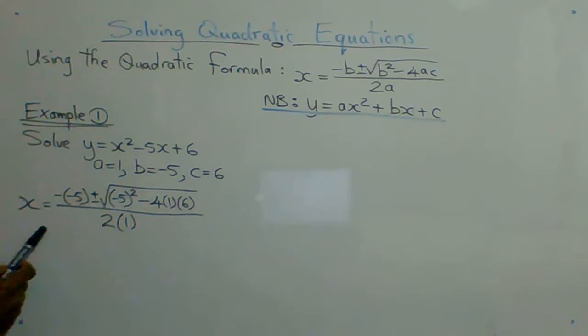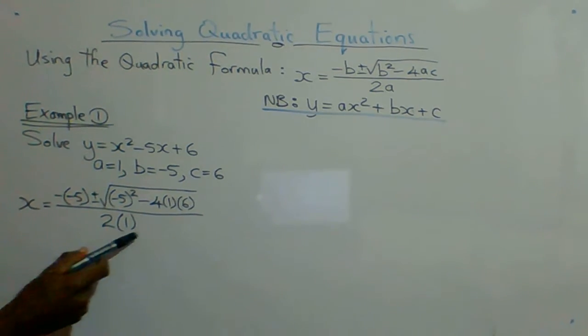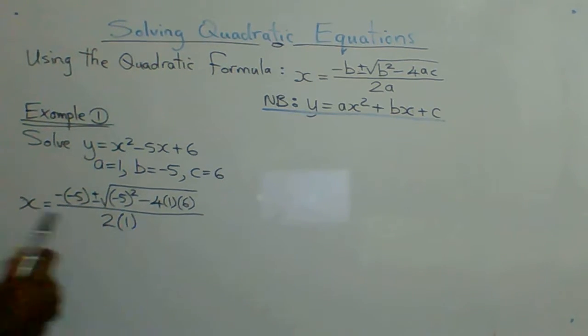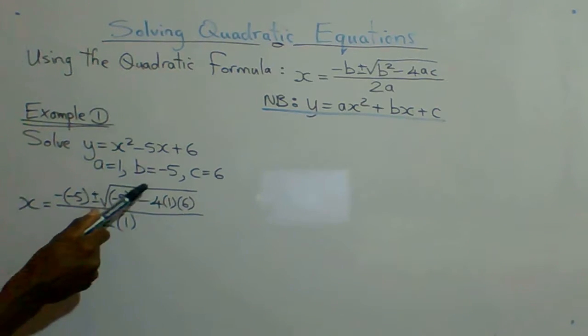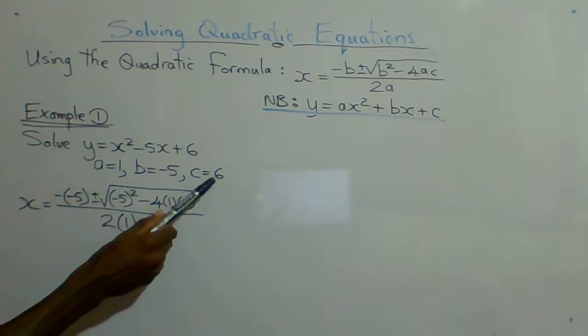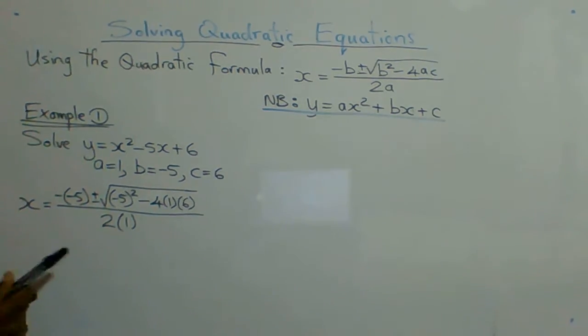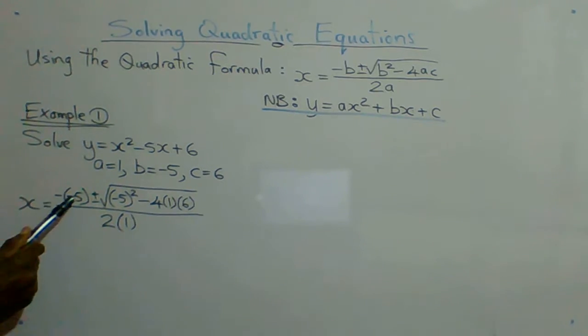So here, the process of substitution is being carried out using the quadratic formula. Remember, our a is 1, our b is negative 5, and our c is 6. The formula says minus b.